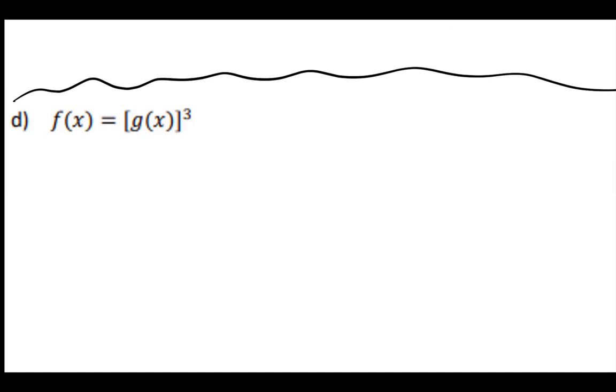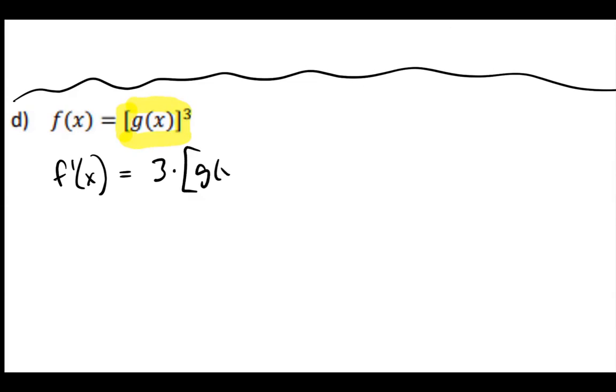Okay, so first thing is the outside. The outside is something to the third power. If we're going to find f prime of that, we move the 3 to the front.